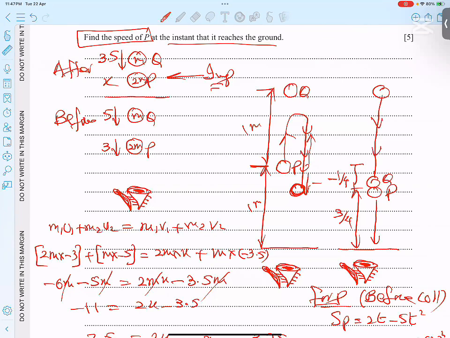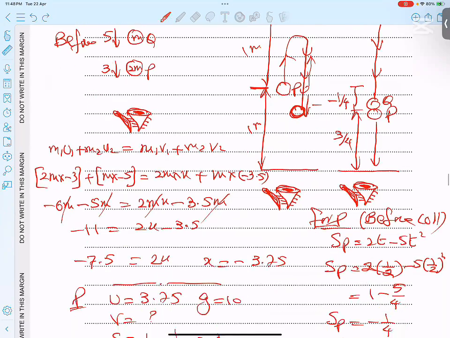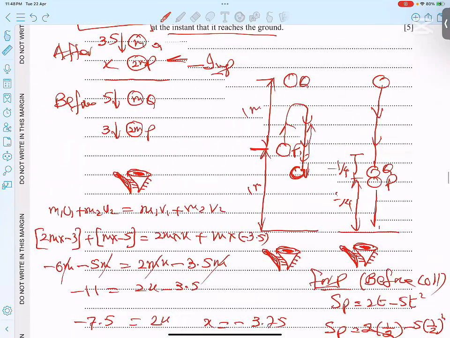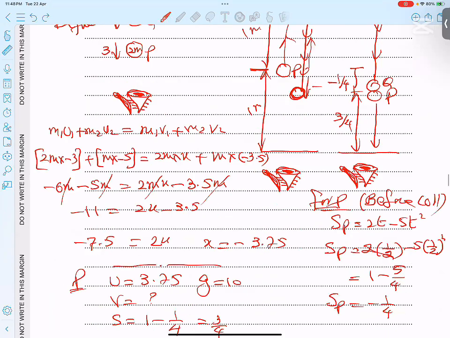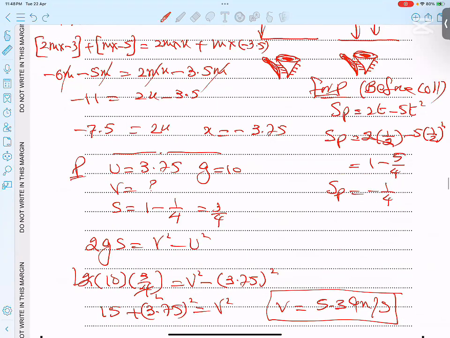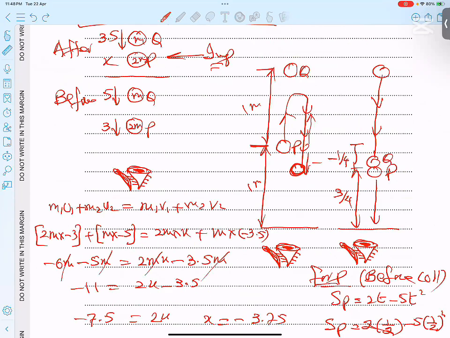They hit actually here, which is 1/4 meter below. How did I get it? When I plugged this half second into the distance of the P particle, I got negative 1/4. It means it was traveling from the starting point. Make sure this is the starting point.